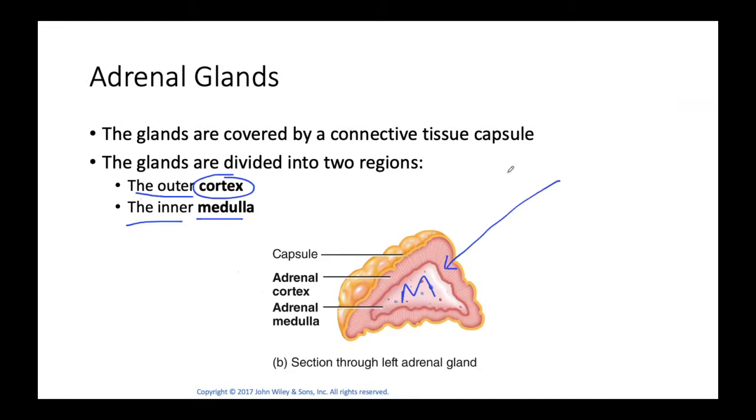The adrenal cortex is going to push out glucocorticoids, and it's going to push out mineral corticoids. The glucocorticoids, the biggie, remember, is cortisol. And then the mineral corticoid is going to be aldosterone.